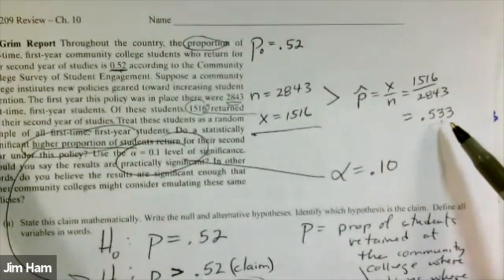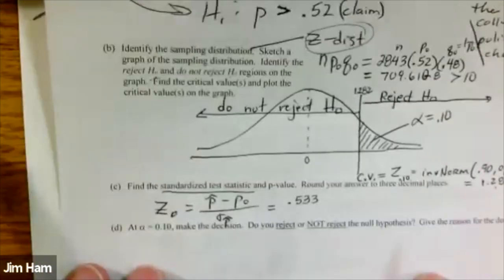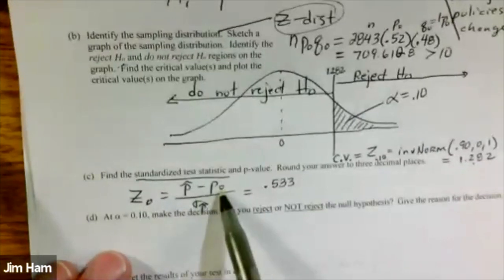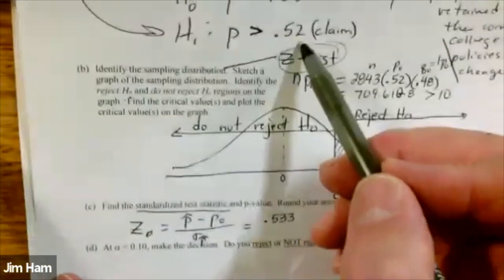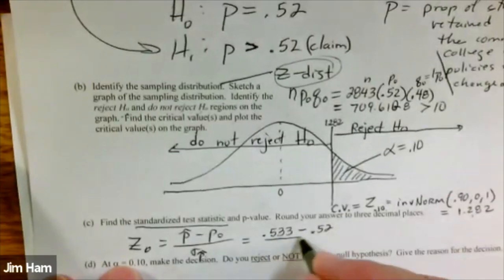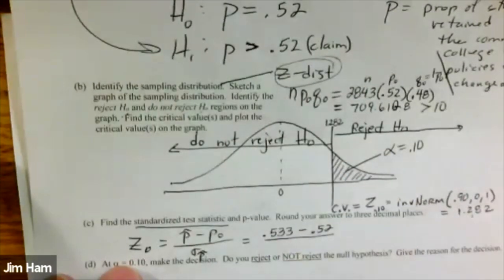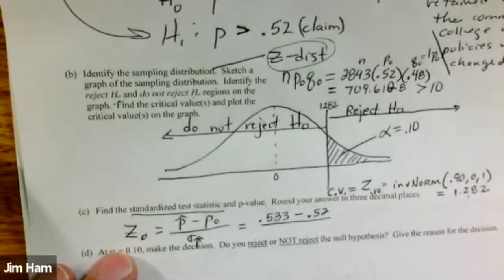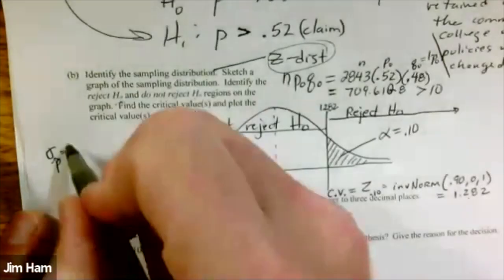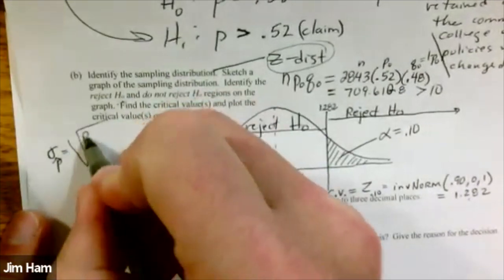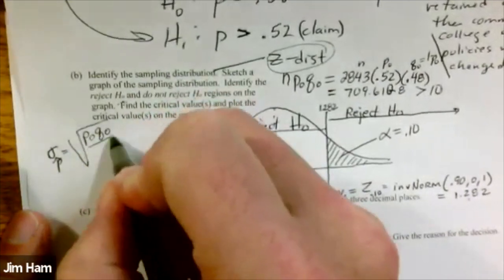Here it is, 0.533. Minus what we assume to be true about the population. That is, its population proportion is 0.52. And then we have to divide by the standard error term. And remember that the standard error term is the square root of P0 Q0 over N.